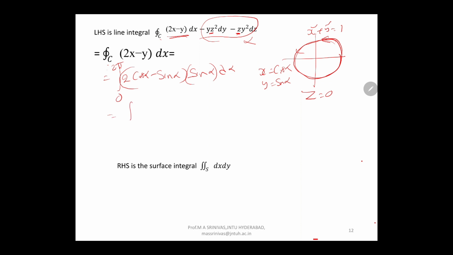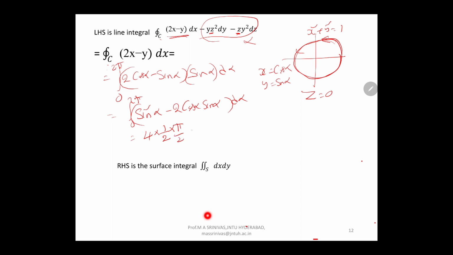If I multiply that, this will be integral 0 to 2 pi of sin square alpha minus 2 cos alpha sin alpha d alpha. So integral 0 to 2 pi sin square alpha is 4 times integral 0 to pi by 2 sin square alpha. Integral 0 to pi by 2 sin square alpha is 1 by 2 into pi by 2.